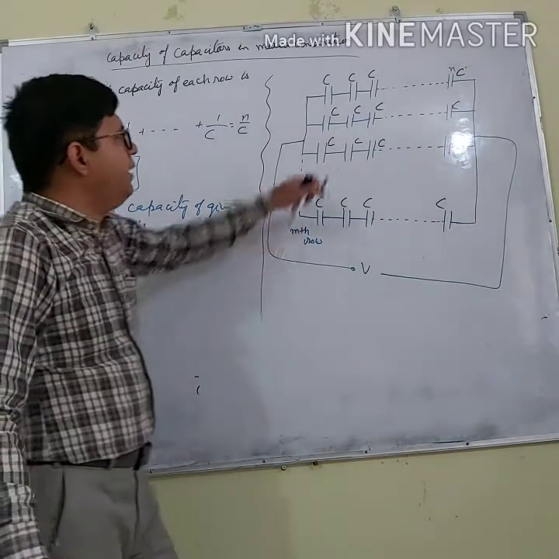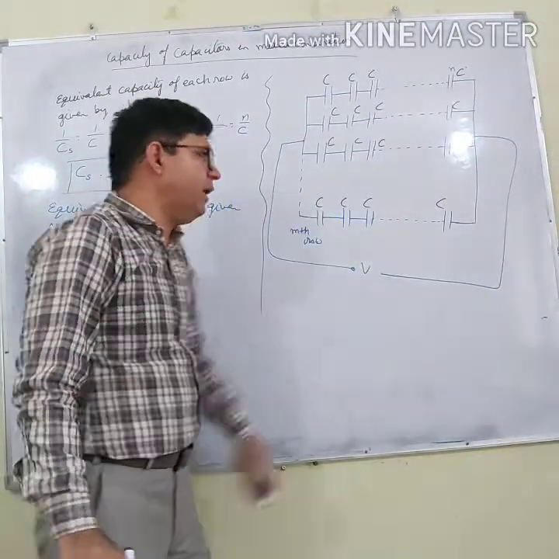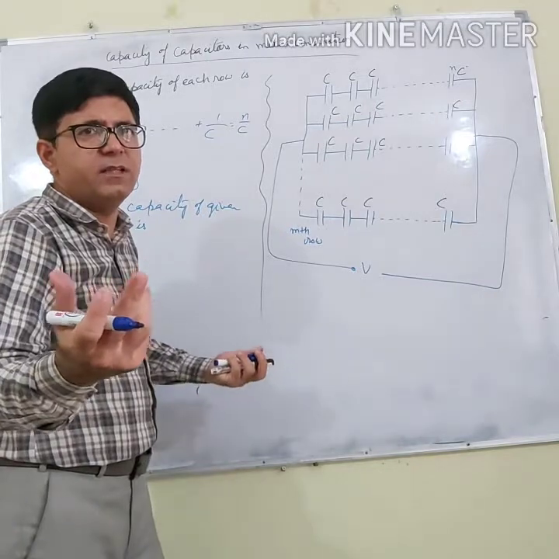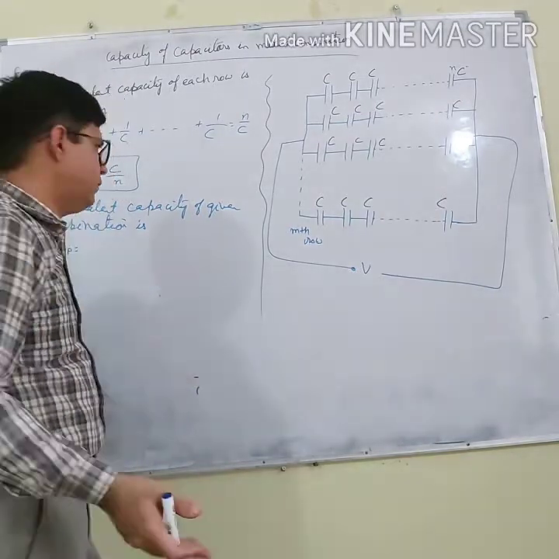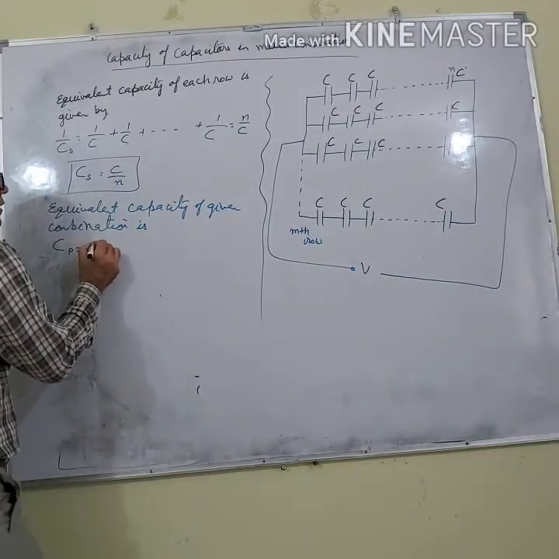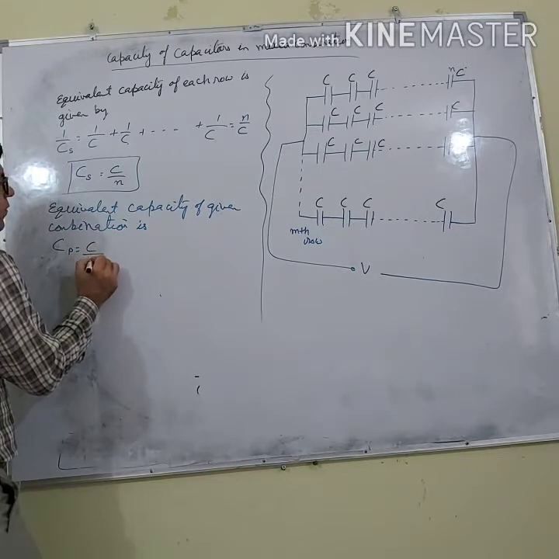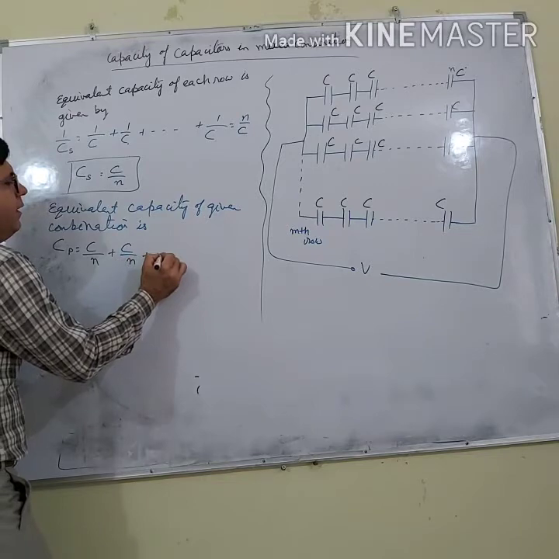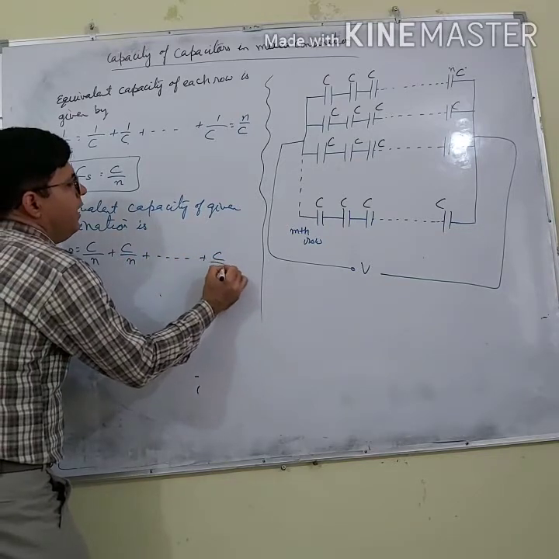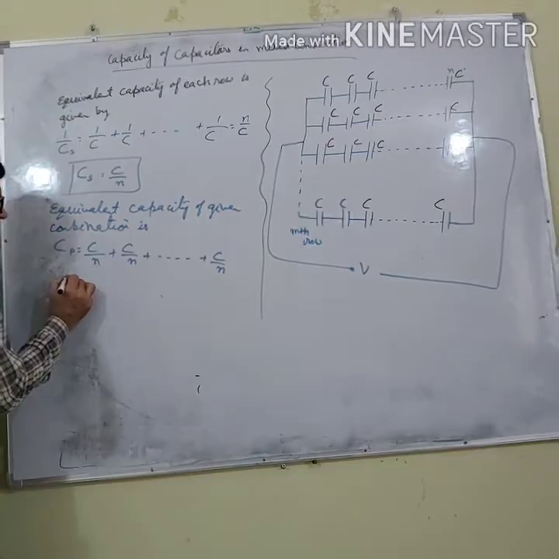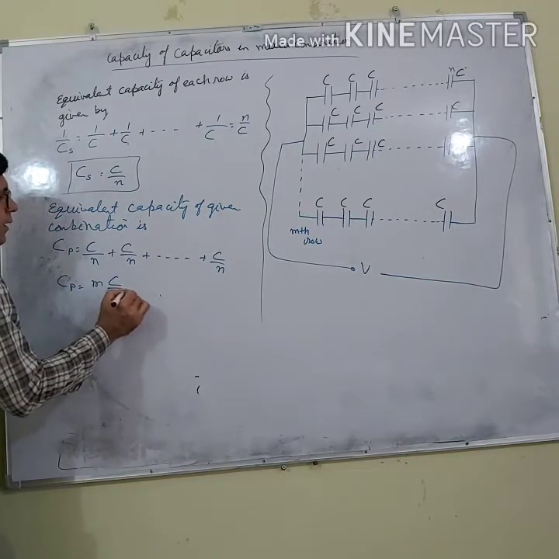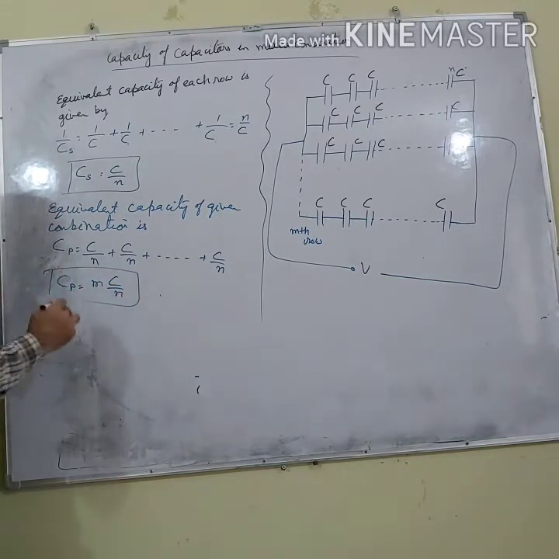I am assuming that now all these rows are in parallel, and in parallel what is the capacity? C1 plus C2 plus C3 up to Cn. So let us say the first row has capacity C by n, another row has C by n, and how many are there? m rows. So I can say Cp equals m times C by n, right? This is one way.